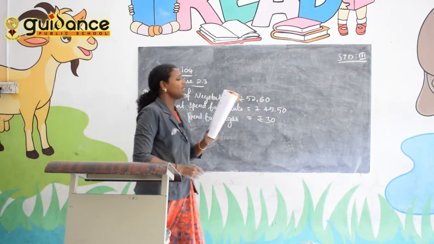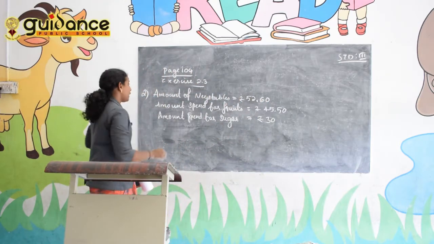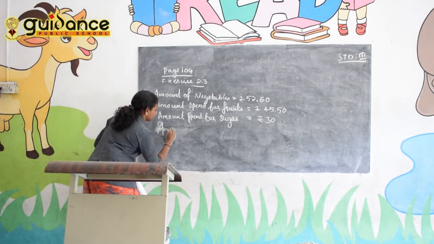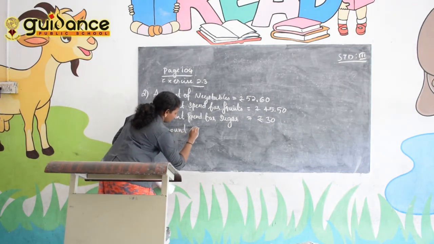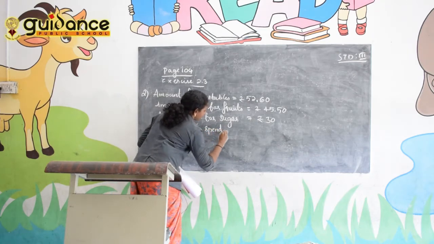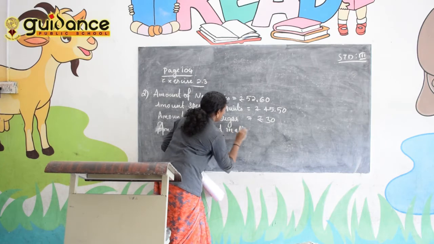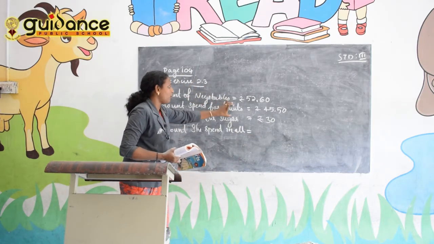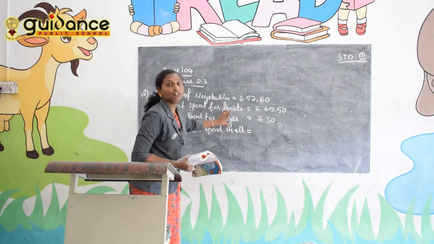That means the total amount she spent in all is the amount of vegetables plus the amount of fruits plus the amount of sugar.